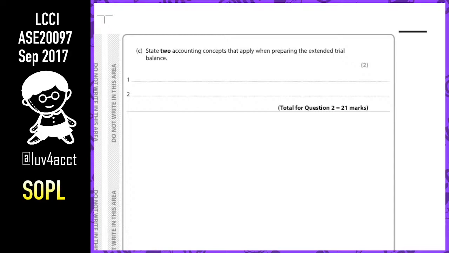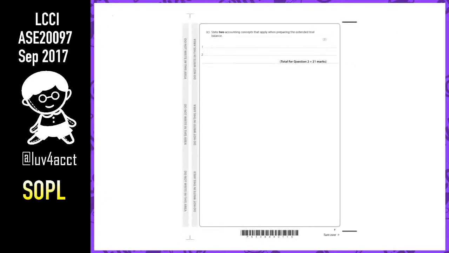When we prepare extended trial balance, or when we prepare any financial statements, it is always the accrual concept, matching principle. And for me, also, if we are going to deal with irrecoverable debt, I don't know.